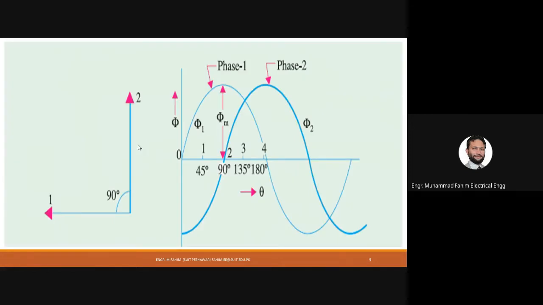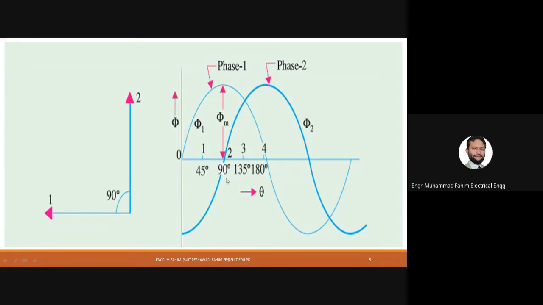This is the sinusoidal wave diagram for the two-phase supply. There is a phase difference between these two sinusoidal waves. Phase 1 and phase 2 are here. This is the flux phi, and this flux is also a sinusoidal wave.